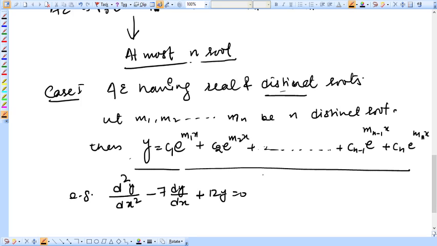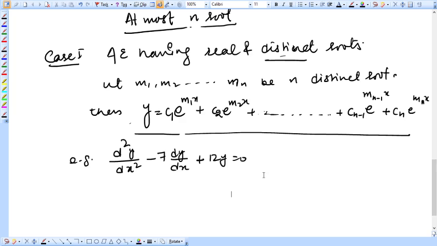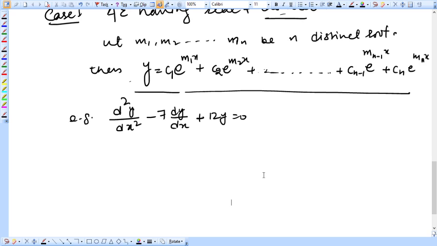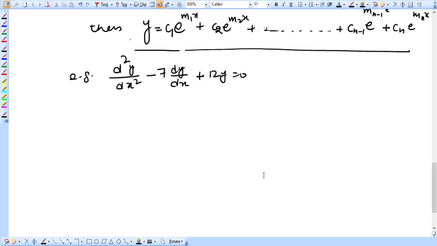This is a linear homogeneous equation with constant coefficients, and here 7 is a constant. The symbolic form is D square minus 7D plus 12 applied to y.